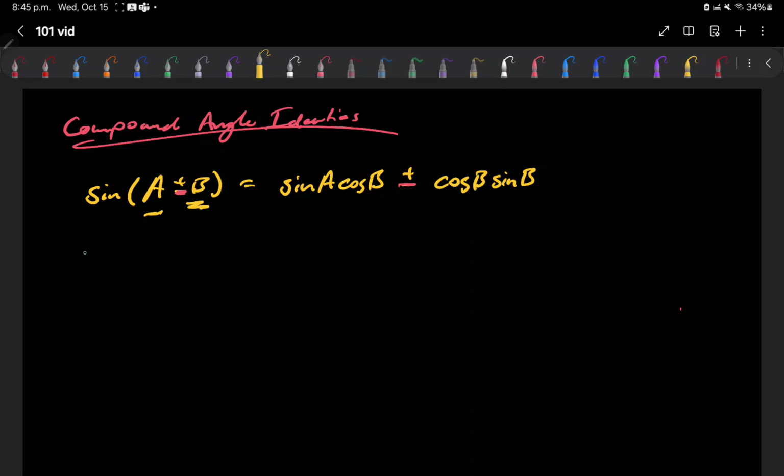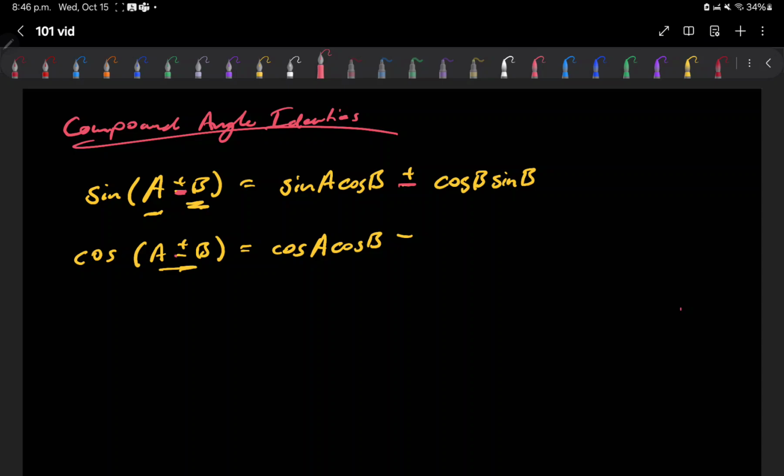For our cosine, we have cosine of A plus or minus B. So this will give us the cosine of our first angle times the cosine of our second angle. And then we're going to have the opposite sign as here in between. So if we started with a plus, we'll have a minus.